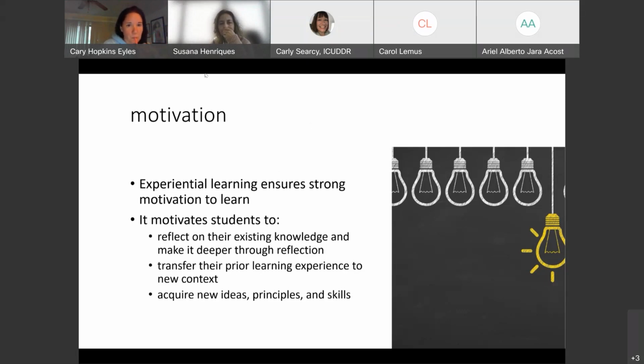So simple didactic education doesn't always work with adults because it can be seen as demeaning and devaluing the knowledge that they're bringing to the table. Condescending almost. It really is.